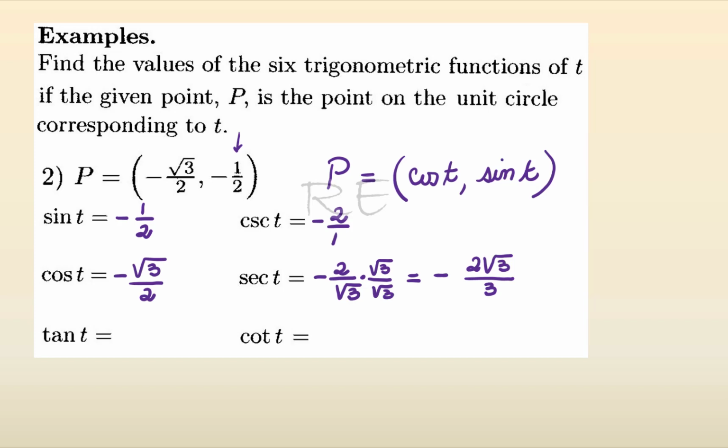Tangent t is sine over cosine. If we eliminate 2, we get 1 over square root of 3, which is really square root of 3 over 3 when rationalized. And cotangent t, the reciprocal of 1 over square root of 3, is square root of 3.